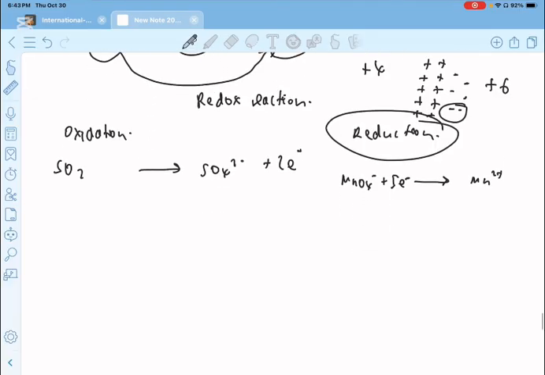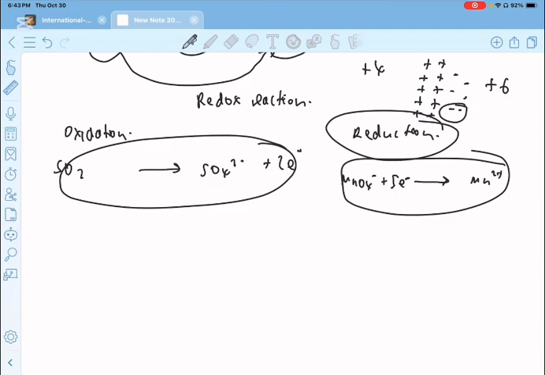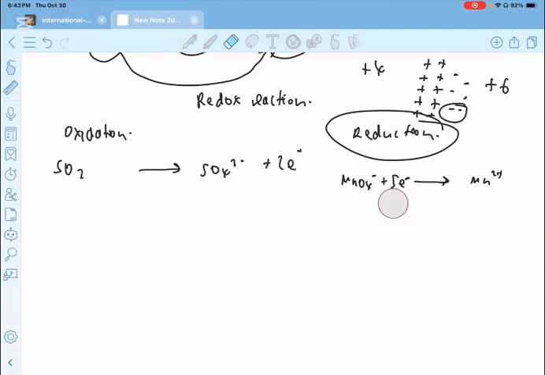If you want to combine these, you simply add these two, but you make the electrons the same value, okay? What do we mean by this?